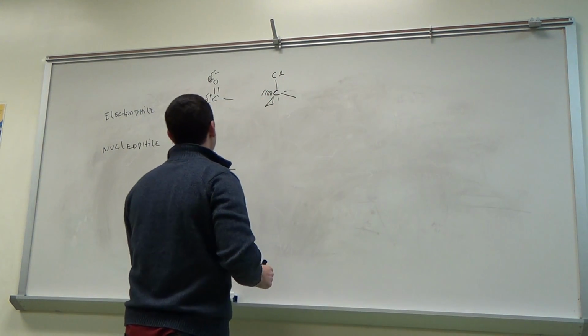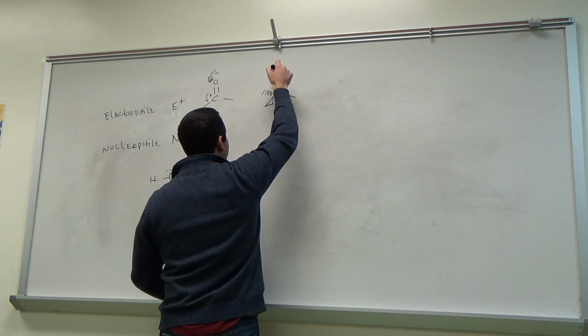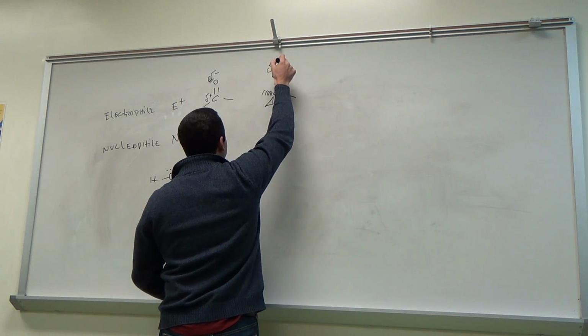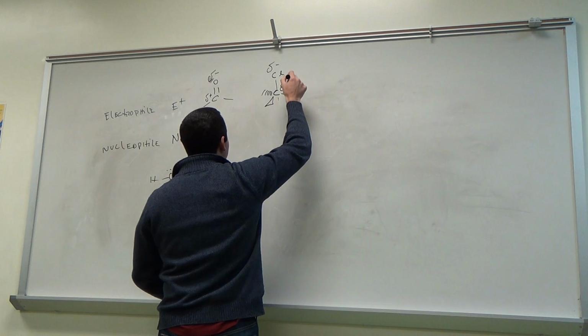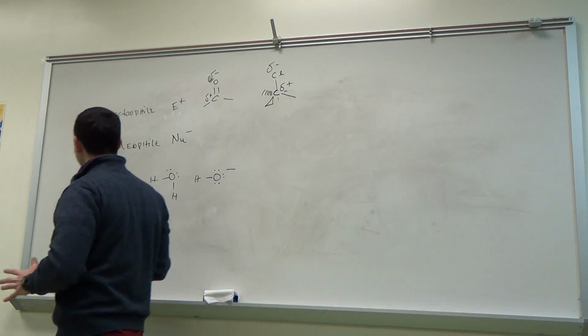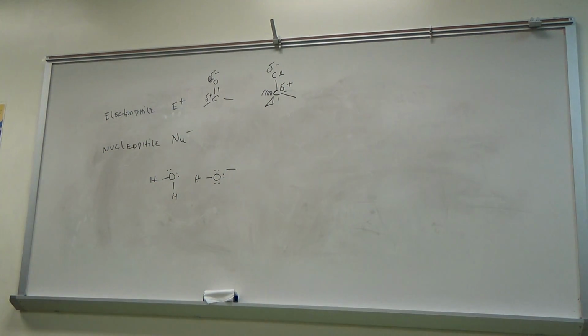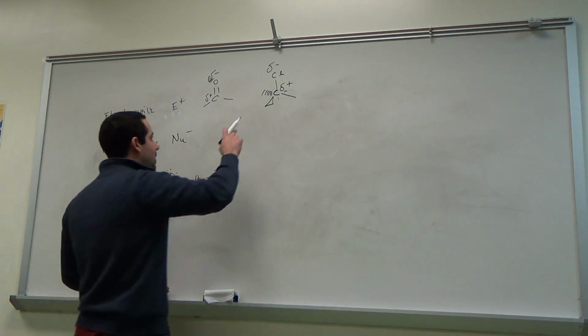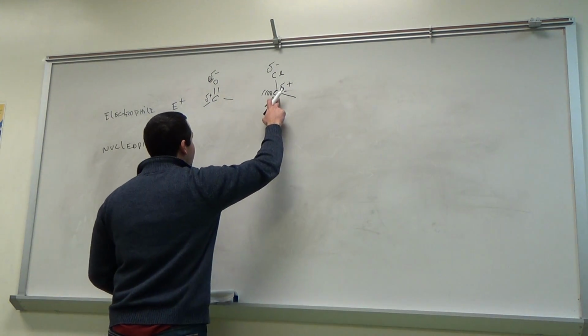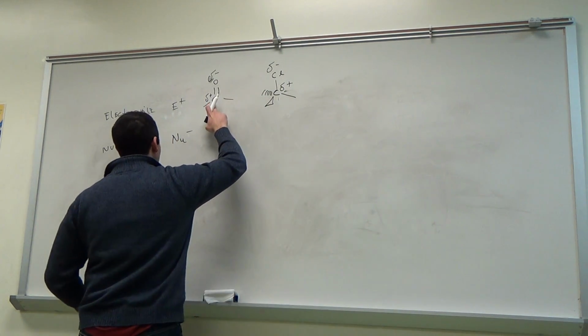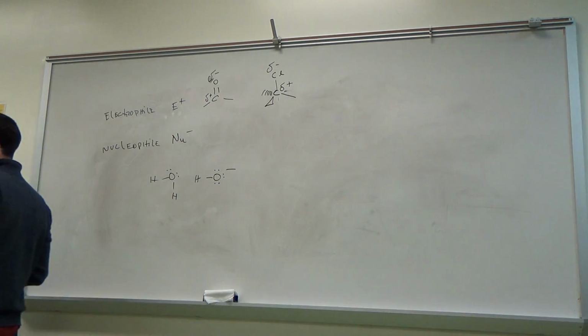If we have a carbon with a halogen on it, this is delta negative, while this is delta positive. So if any of these nucleophiles were to attack these things, where would they attack it at? Positive. They would attack it at the positive center. It would attack here, or it would attack there. Yes or no?